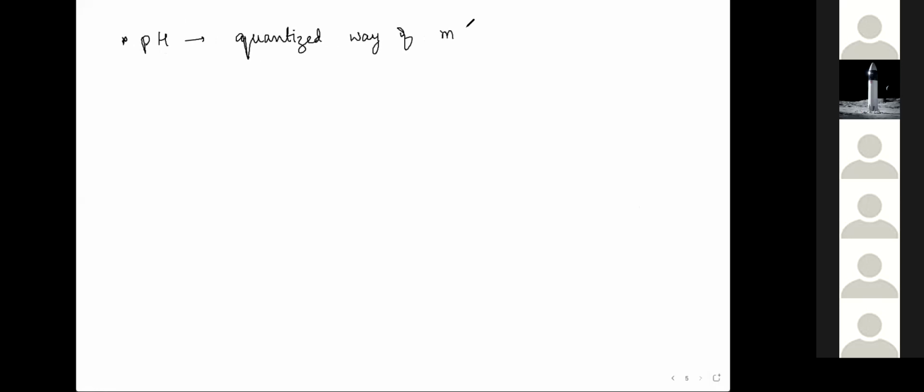pH is how you measure it. Just like how you measure length in meters, mass in kilograms, you give it a number, so that you know that something is 100 grams, 150 grams, 200 grams. Similarly, pH is assigning a number to measure the strength of acids and bases.